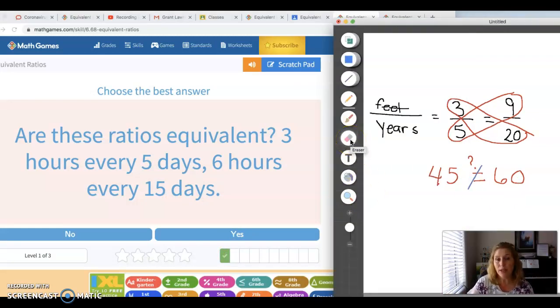Now it says 3 hours every 5 days and 6 hours every 15 days. Let's check to see if this one's the same. We'll change our numbers, but we do it the same way. This time we're going to use hours and days. We're going to be setting up these fractions. This is just exaggerating, but showing you that we'll do the same method every time.